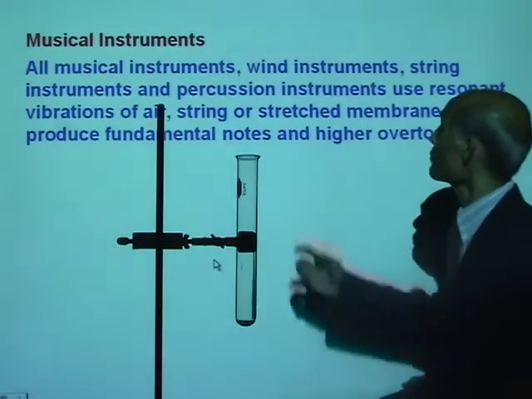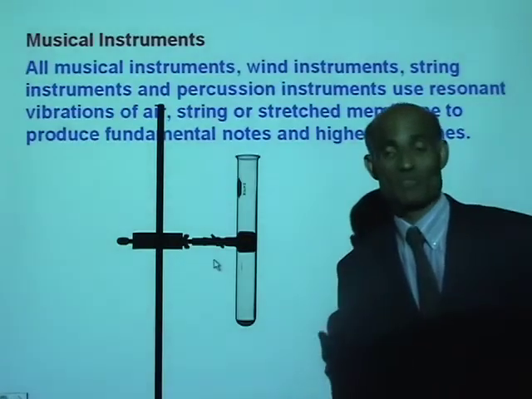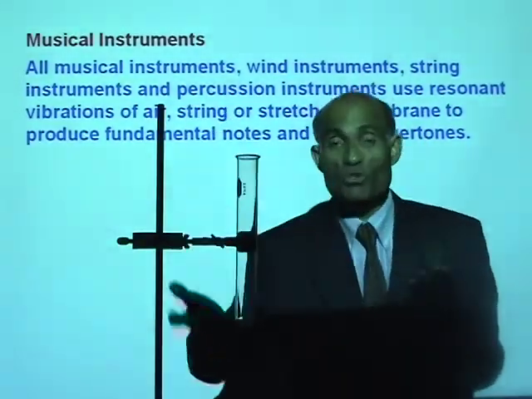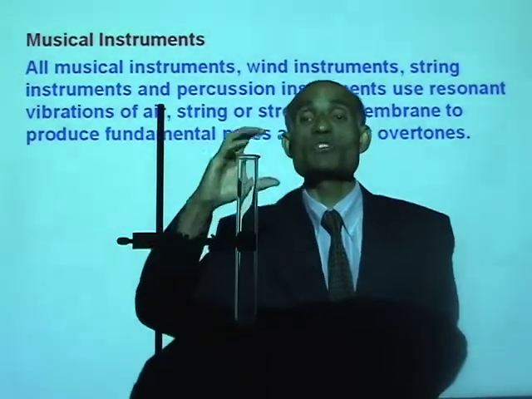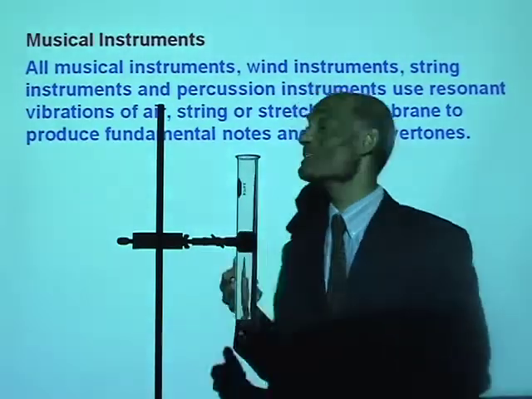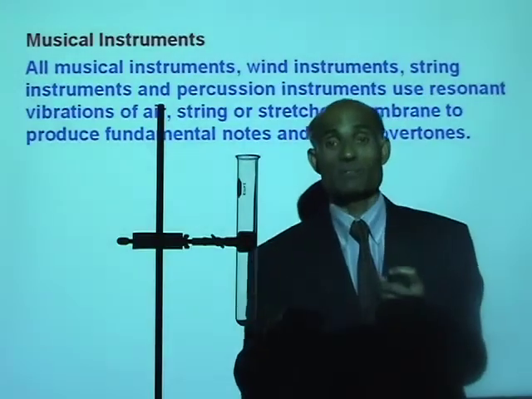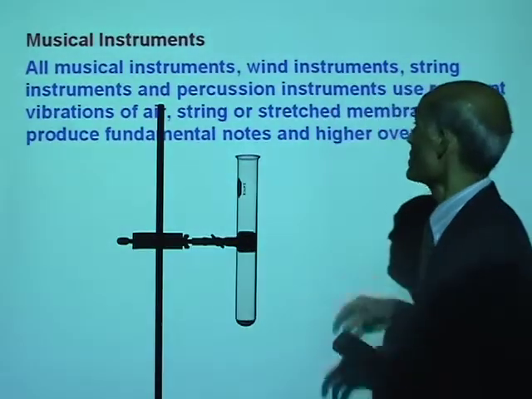Well, all musical instruments, wind instruments, what are wind instruments? Well, a flute is a wind instrument, the church organ is a wind instrument. In other words, any instrument that uses the resonance of air columns is a wind instrument. Stringed instruments: guitar, piano, they're all stringed instruments.